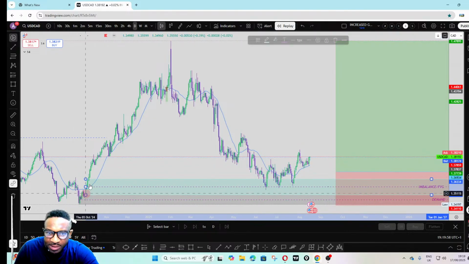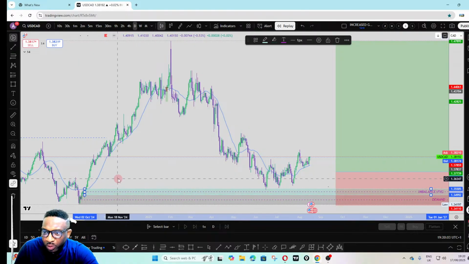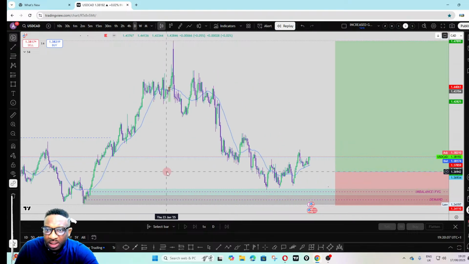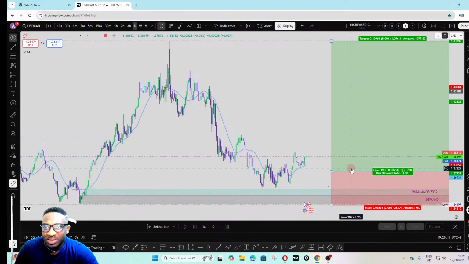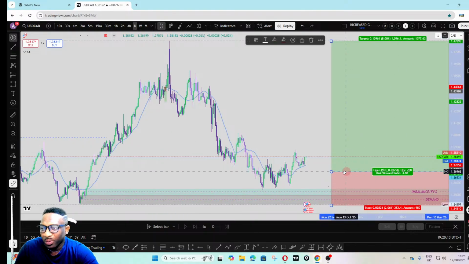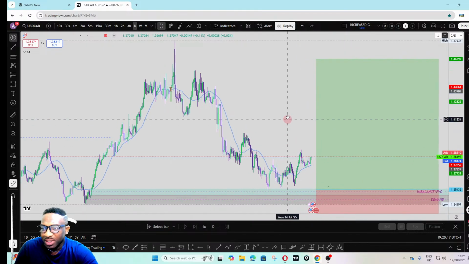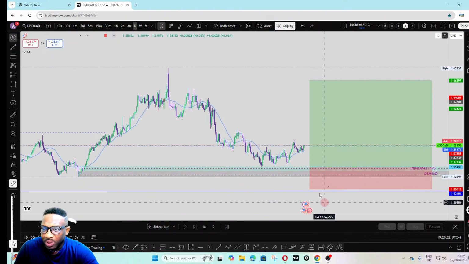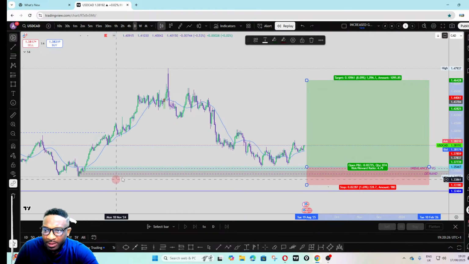As this is a swing trading setup we're looking at, we want to enter on a time frame, let's say the 4-hour time frame. This is what we are seeing here currently. So you can target this area.